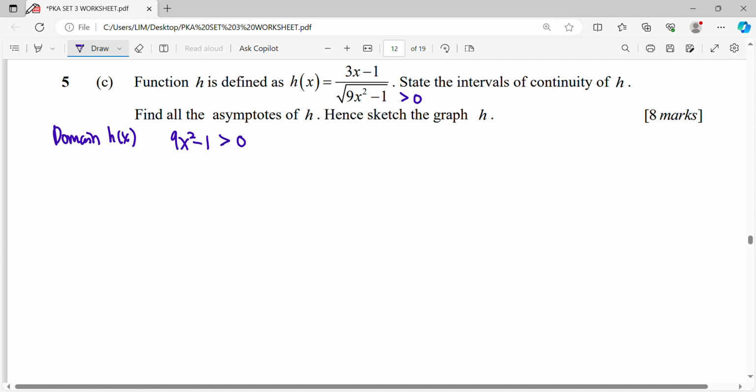We solve all these quadratic inequalities, factorize, and then we draw the graph to find the x. More than 0 means this region.